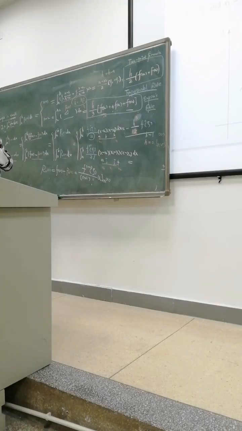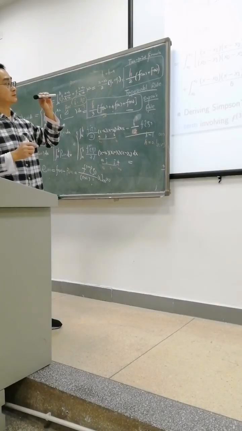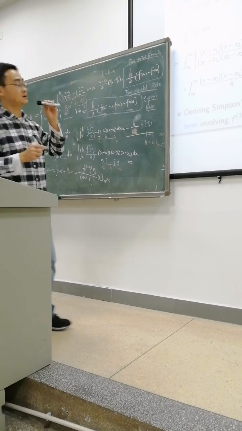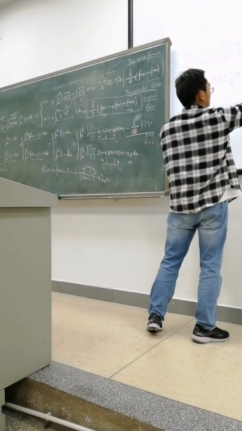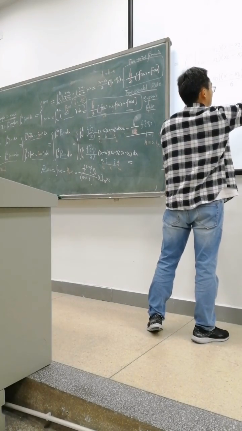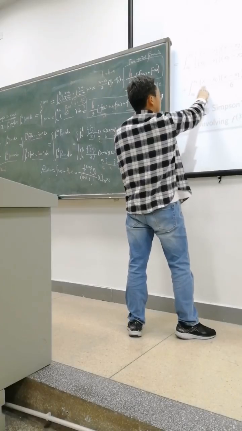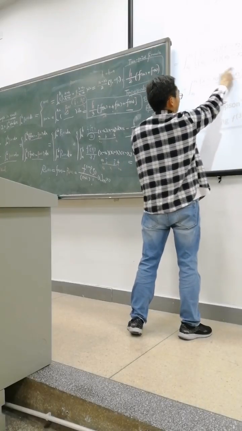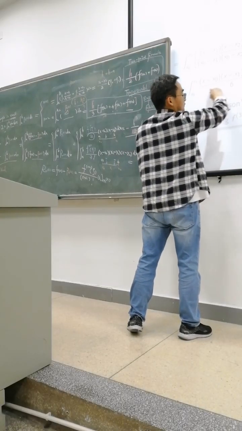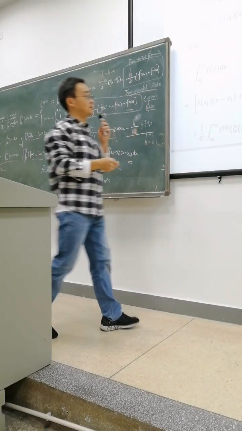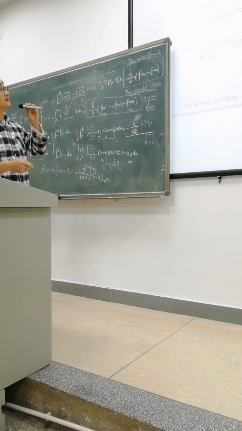Okay, if we apply the Simpson's rule, similarly we need to estimate this term, right? This term is also a constant. We may take this constant term outside and do integration for this polynomial function with degree 3. Okay, directly we may get this one.